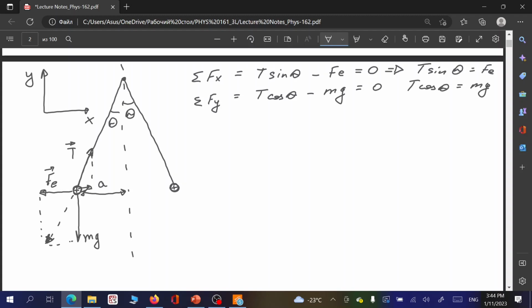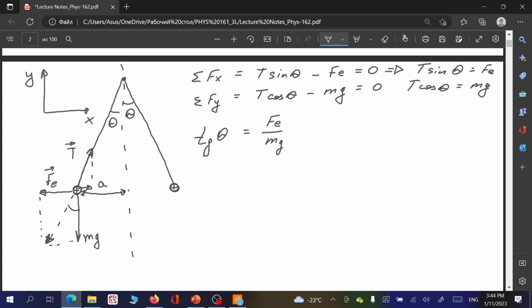Now the angle theta, which is the deflection from the equilibrium condition, so tangent theta will be equal to the ratio between electric force Fe and mg.